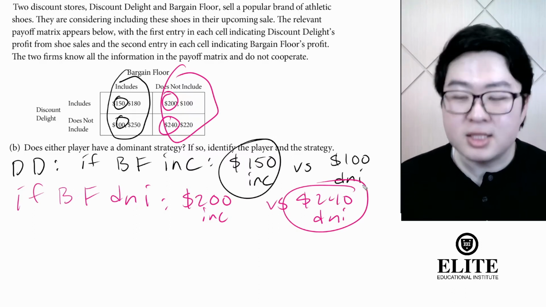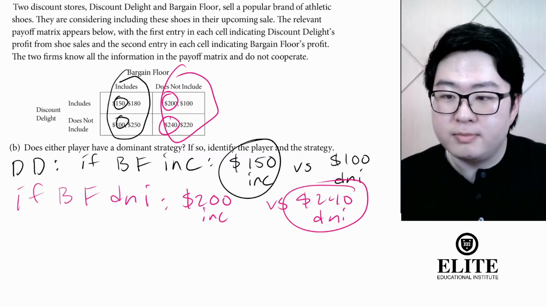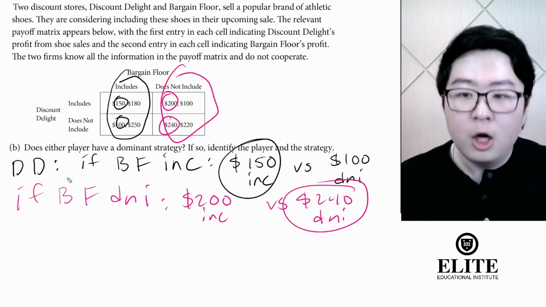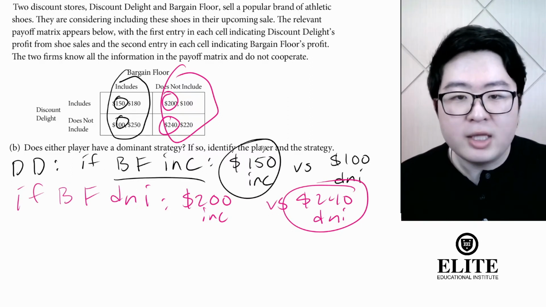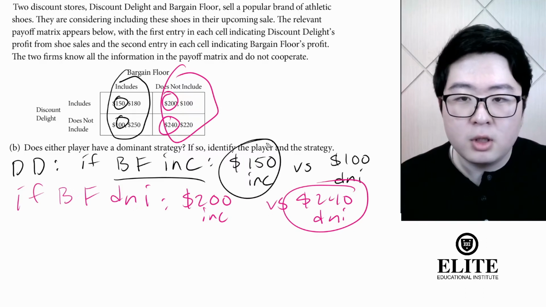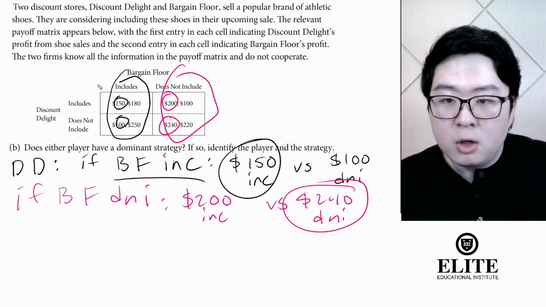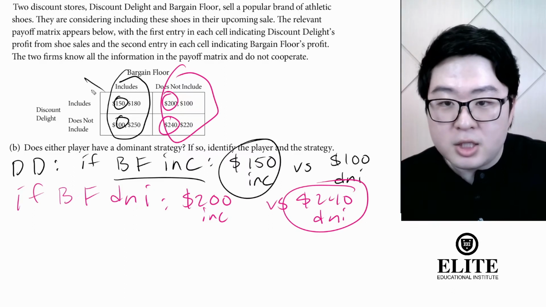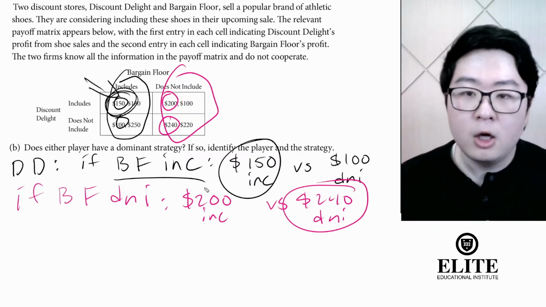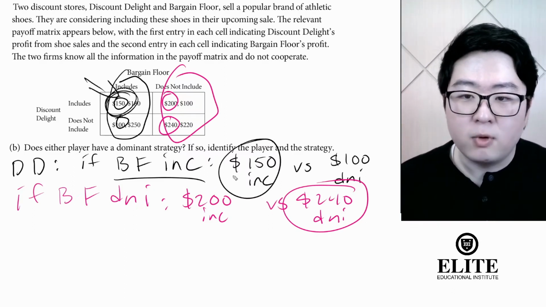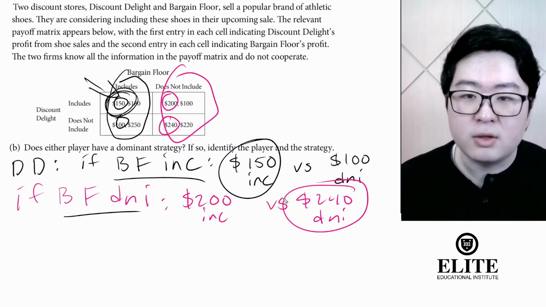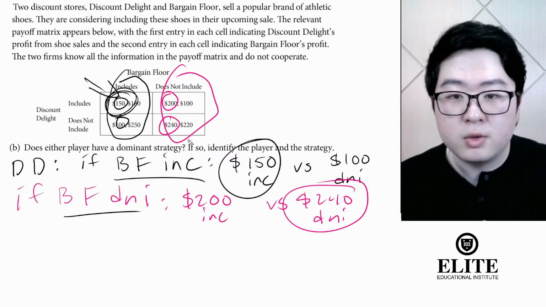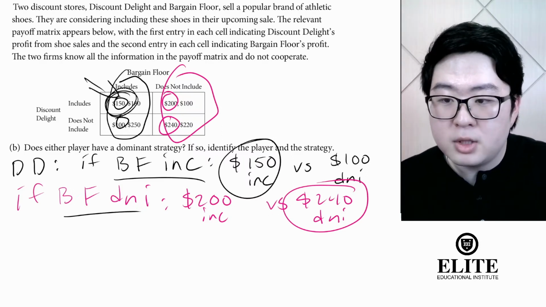Now, does Discount Delight have a dominant strategy? No. Why not? Well, in the first case, when Bargain Floor included, Discount Delight chose to include, right? And that's going to be right here. In the case that Bargain Floor did not include, we saw that Discount Delight chose to also not include. That's going to be right here.